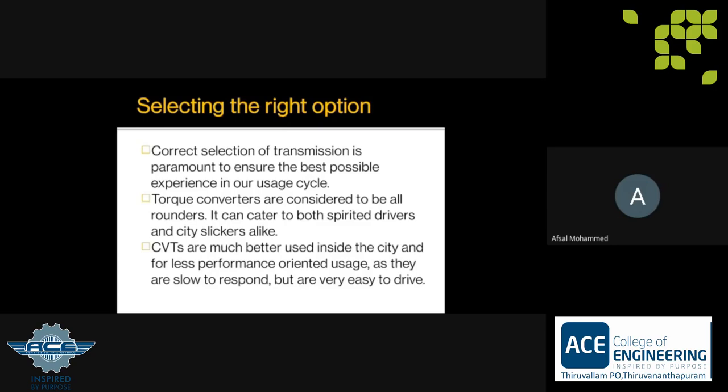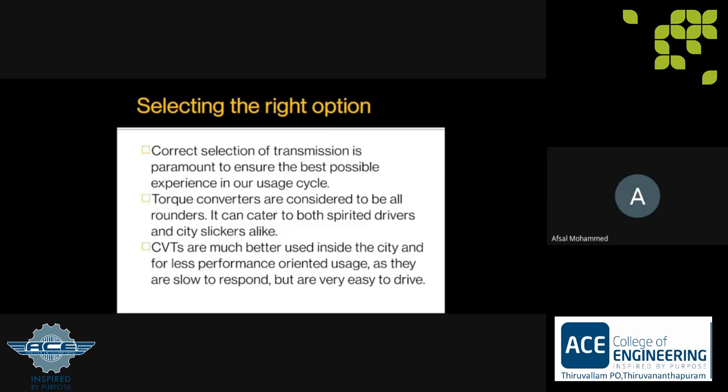And the shift times are also comparable. Whereas it might not be as fast as a DCT, the trade-off is pretty reasonable, as we are only trading off milliseconds in the shift times for much longer life and also much better reliability. And thus, torque converters can be opted by anyone who requires an automatic transmission, and it's not dependent on what type of driving the person is doing.